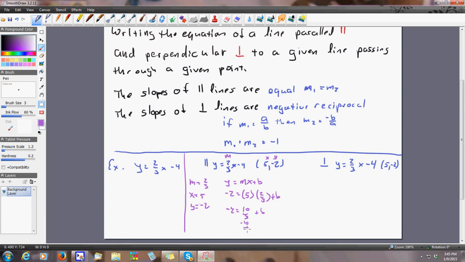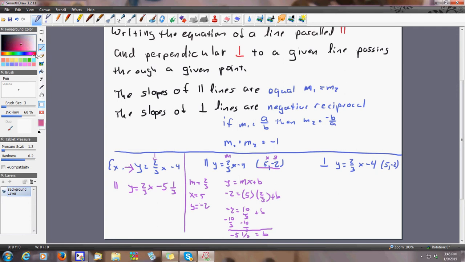I subtract 10/3 from both sides. 10/3 is negative 3 1/3, so negative 3 1/3 minus 2 is negative 5 1/3. And that's my b. So my equation that's going to be parallel to this line and pass through this point is y equals 2/3 x, we know that because they have to have the same slope, minus 5 1/3.